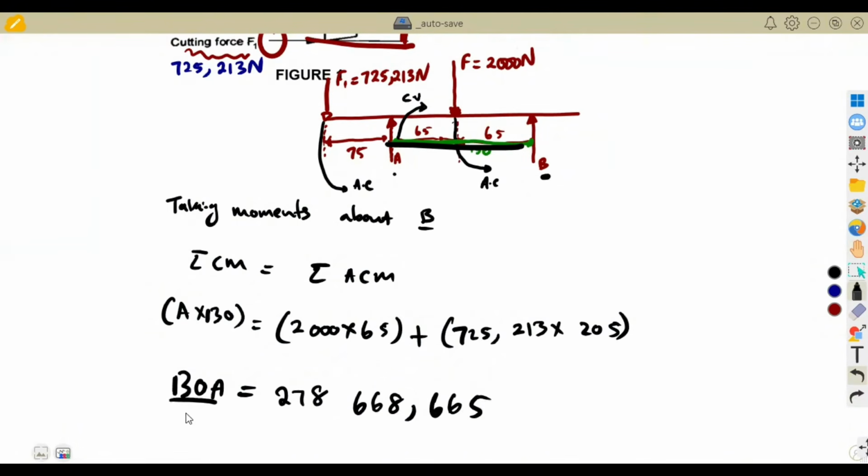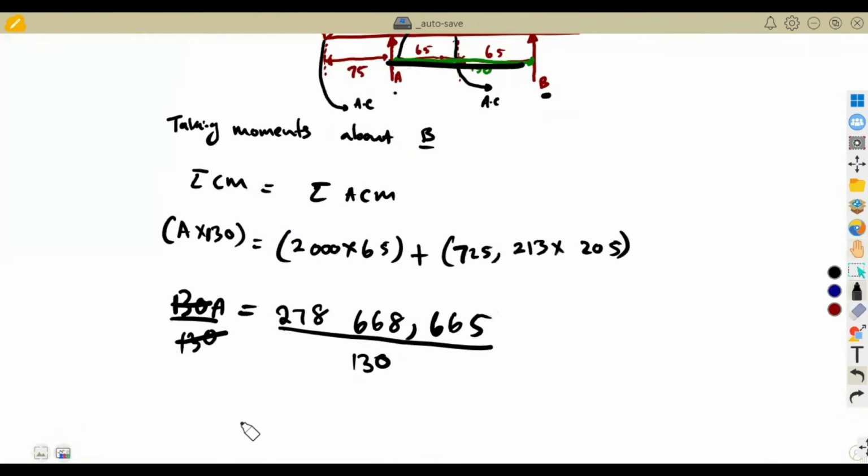If we divide by 130 both sides, we have the value of A, the force operating at point A, and that gives us 2,143,605 Newton. So that is what we have at A.